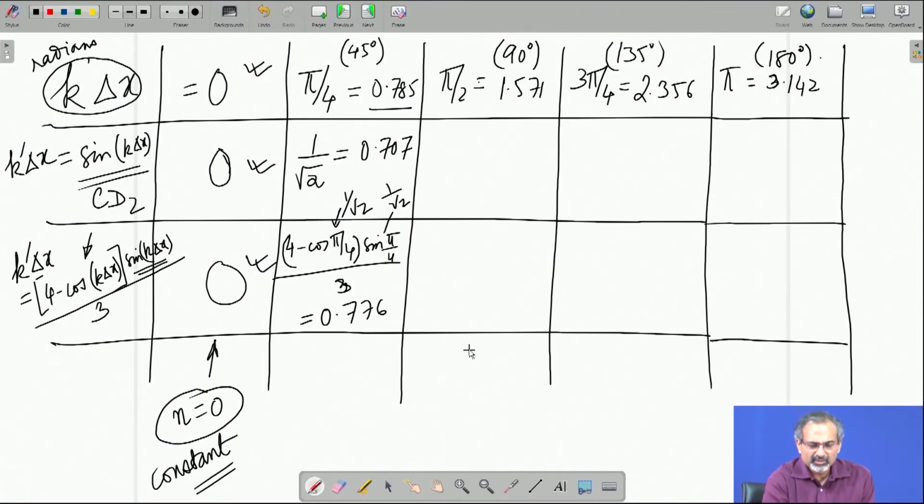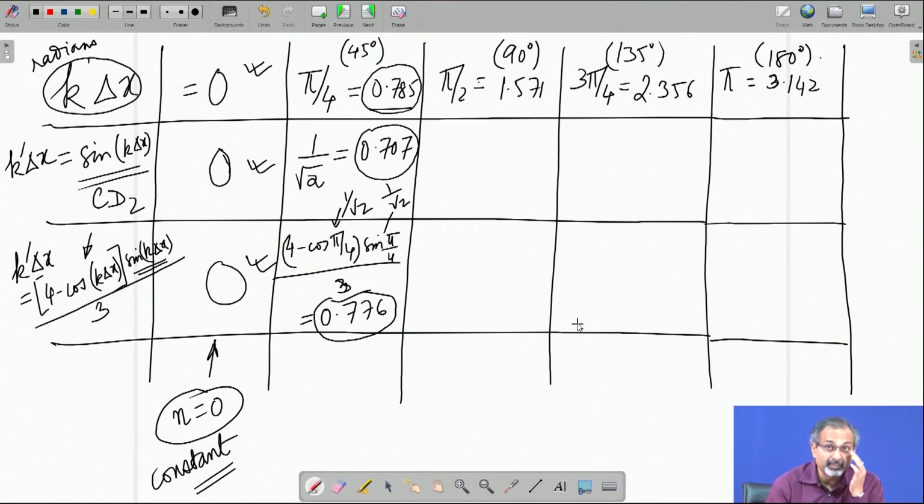So, you can figure out that CD2 is already falling short of the analytical value, which is 0.785, whereas this CD4 approximation is still fairly close till k times delta x equal to pi by 4.